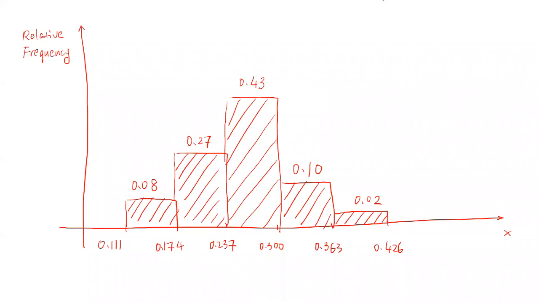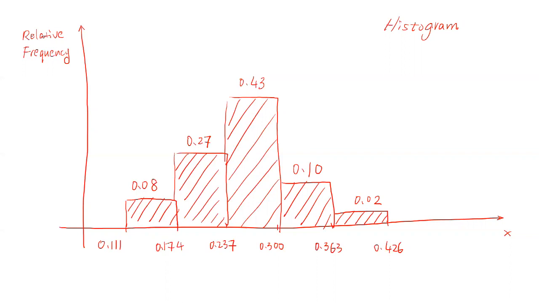Okay, so this is called a histogram that illustrates the distribution of these data. As we can see here, most of the data are concentrated in the center, right?